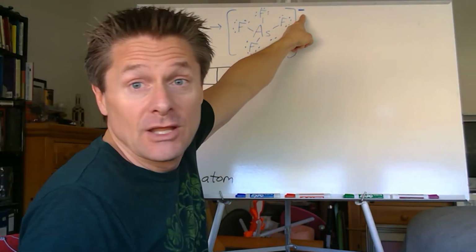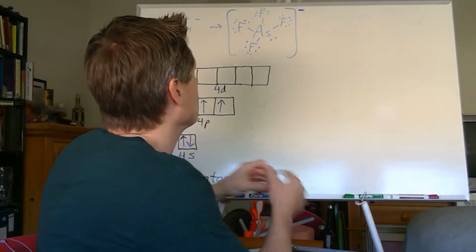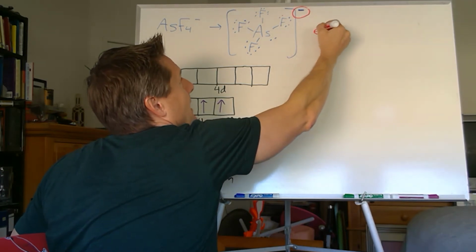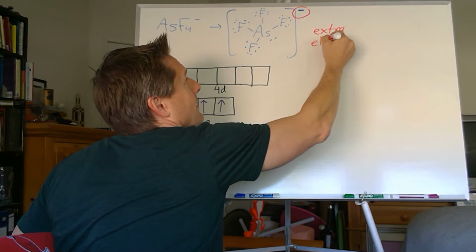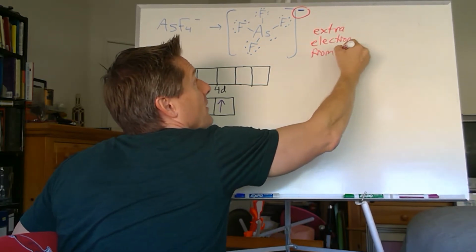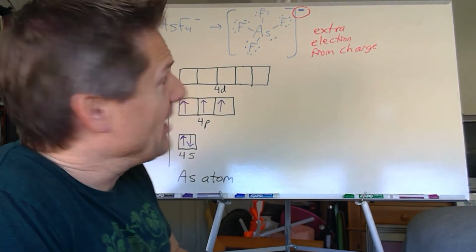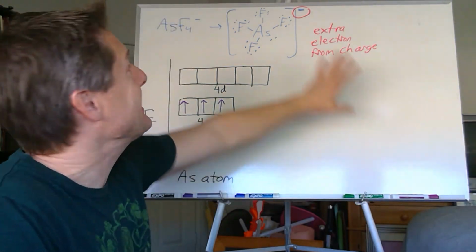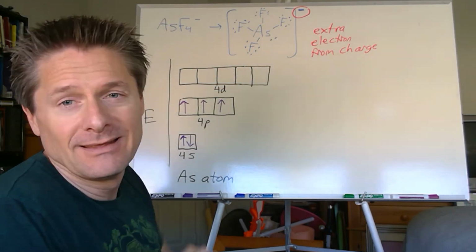But we have a negative charge there. That means we have an extra electron. See that right there? That's an extra electron from the charge. Now remember again, the whole point of the hybridization scheme is once we hybridize it, it should predict the Lewis structure. It should predict the 4 single bonds and the lone pair.